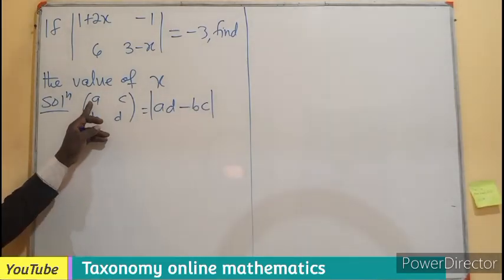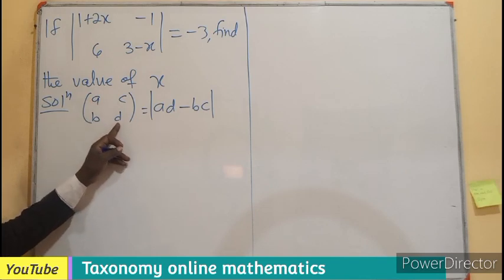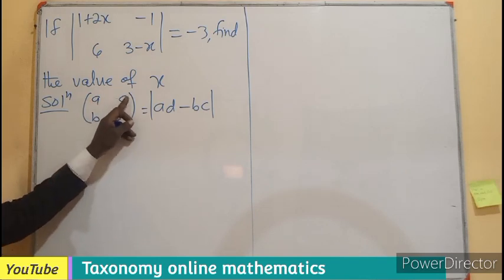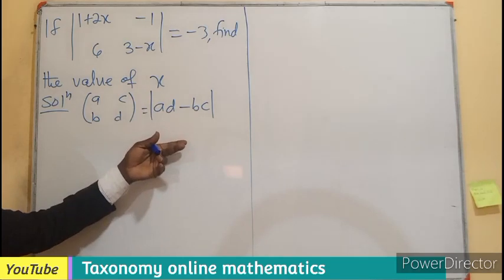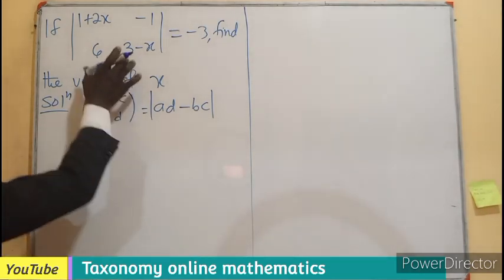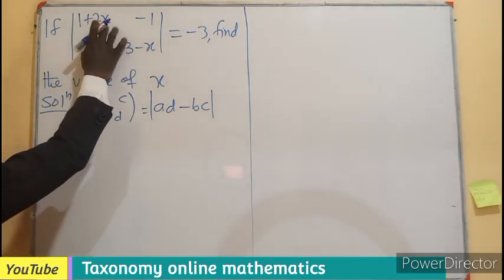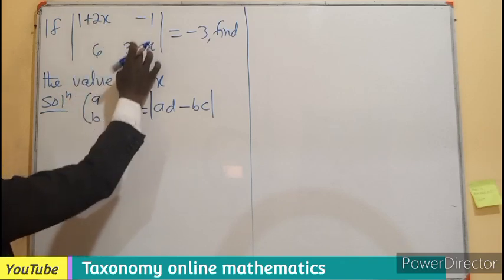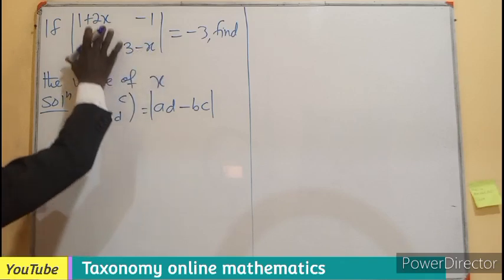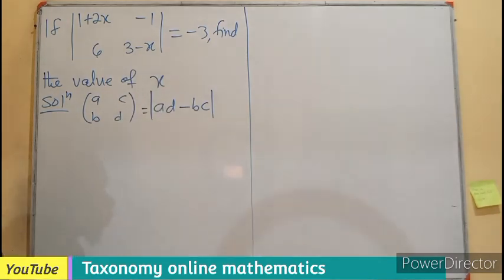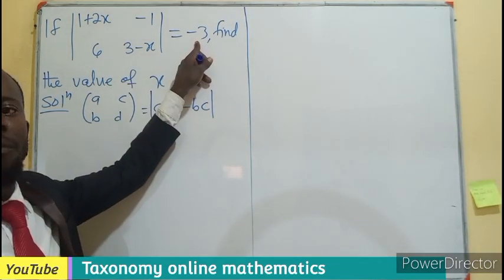We multiply the leading diagonal together, then we multiply the other diagonal and we subtract the difference. All right. So in the same vein, this is my A entry, B, C, D. If I am finding the determinant of this, I should be getting the value of minus 3.